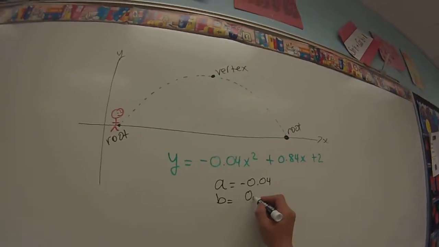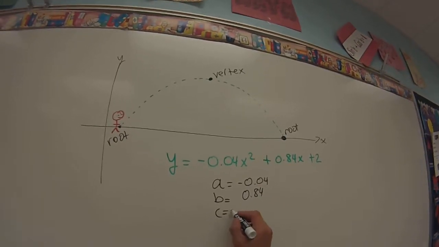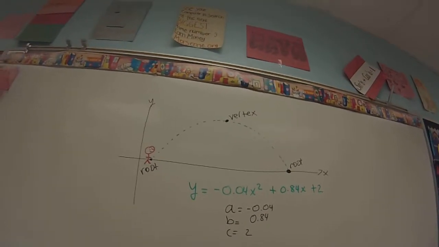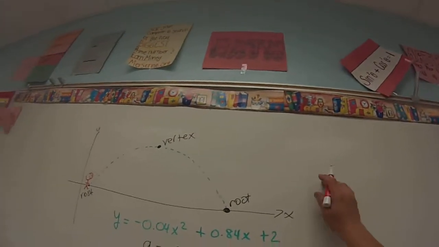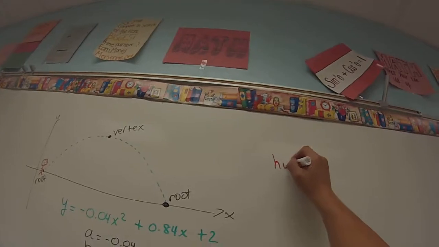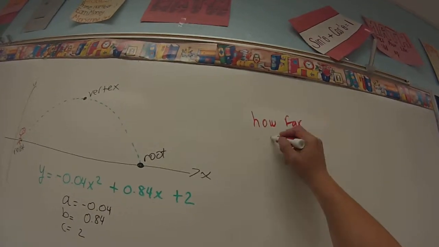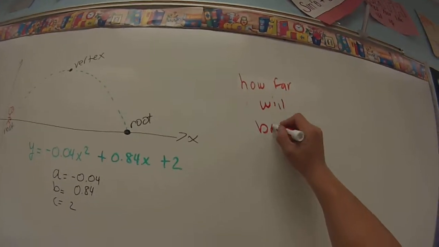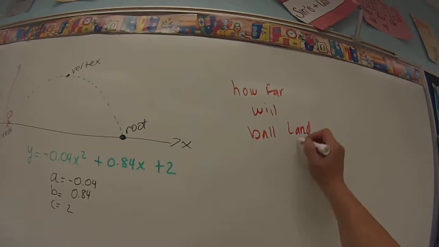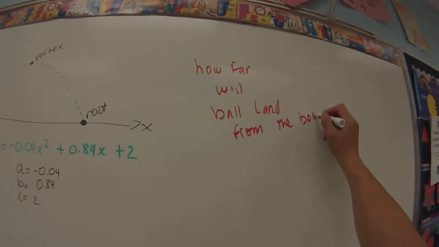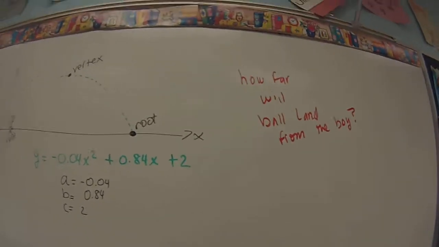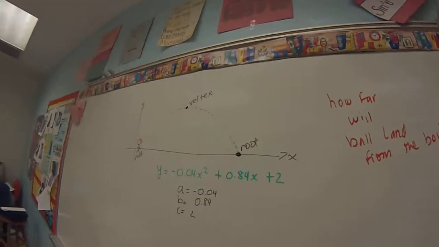Your b is 0.84 and your c is 2. And the question is: how far will the ball land from the athlete?